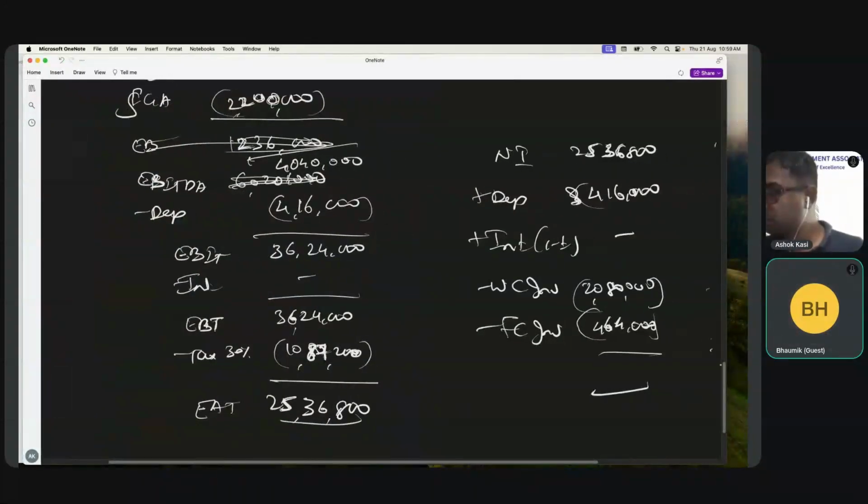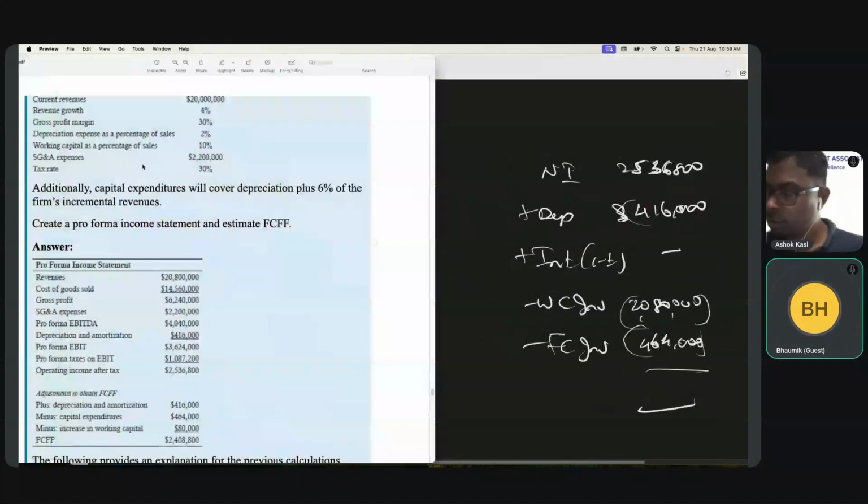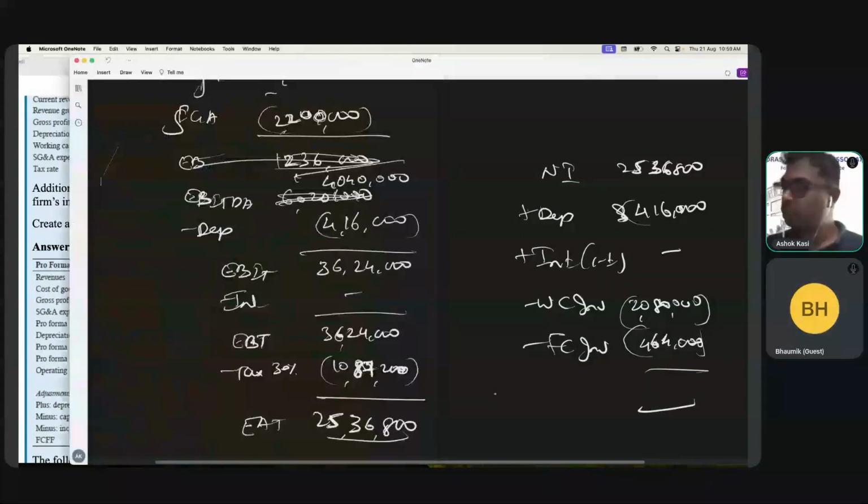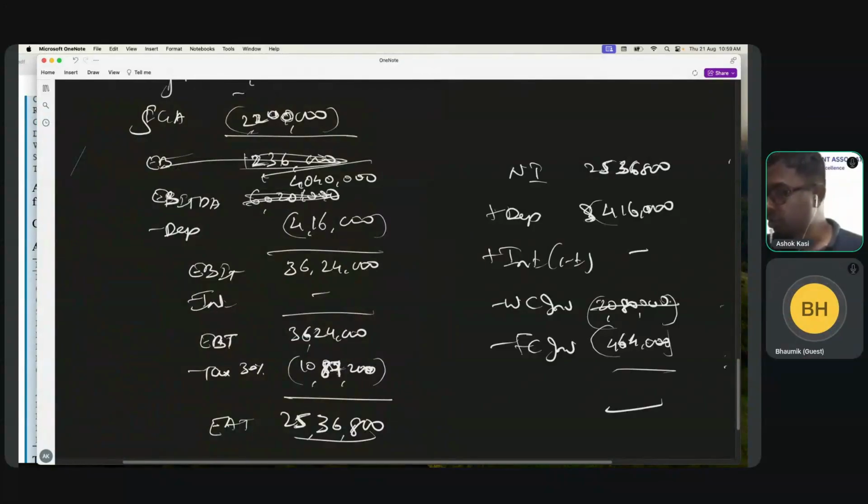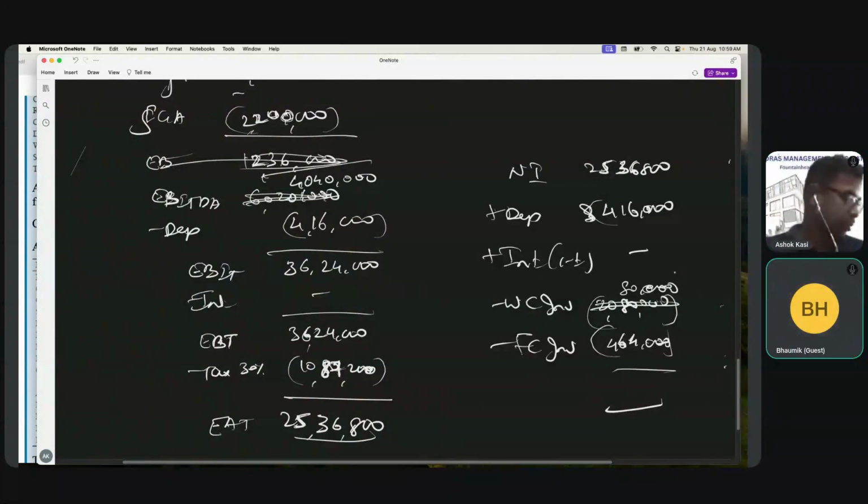It's working capital as a percentage of sales, but here they have taken the increase in sales, so there is a printing error, 10% of the increment. The answer is 24 lakh 8,800.